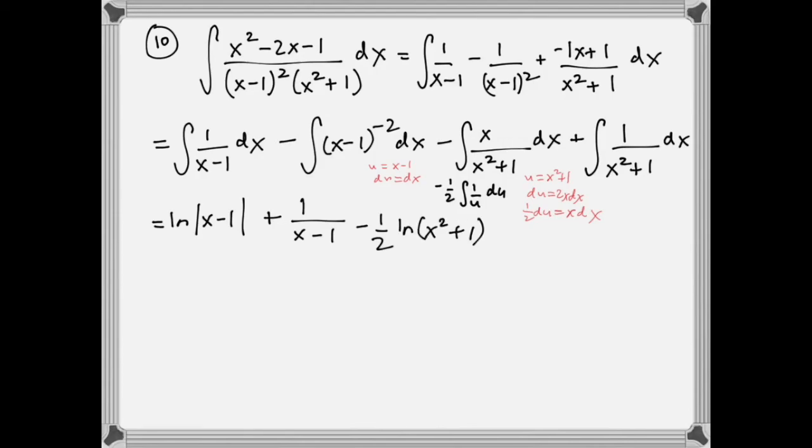This is just like in the last example we did, right? What about this fourth integral? We should recognize that. That is arctan, isn't it? Because the derivative of arctan is 1 over 1 plus x squared, right? And we're done.